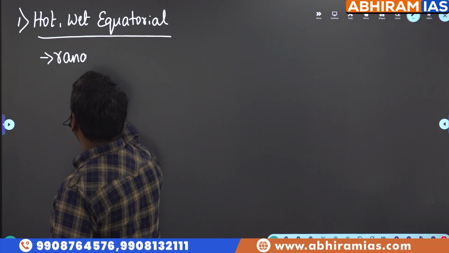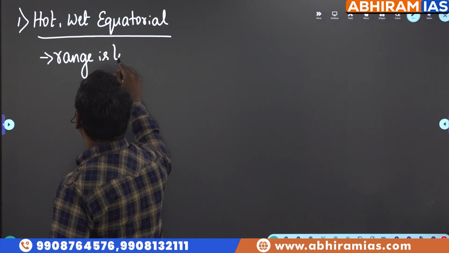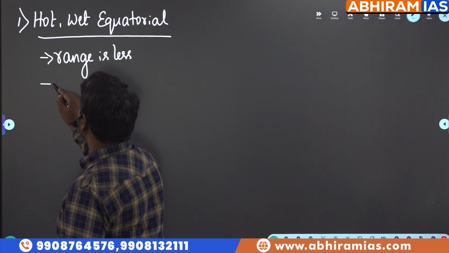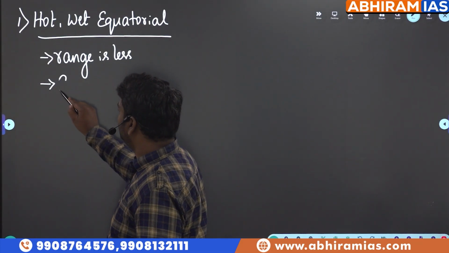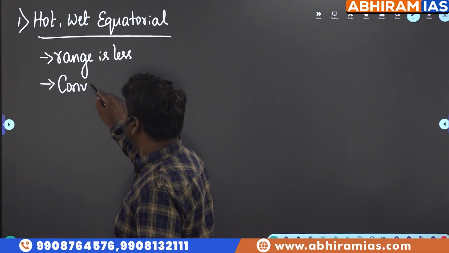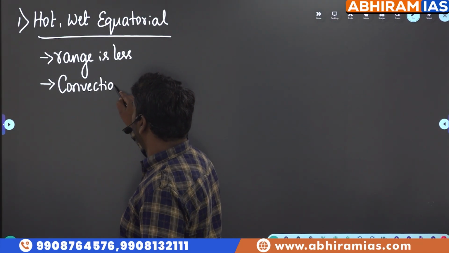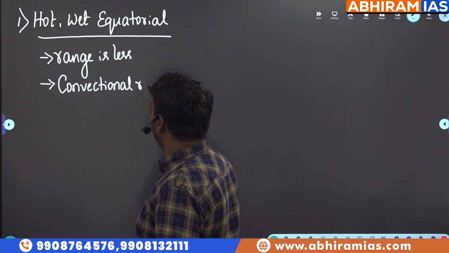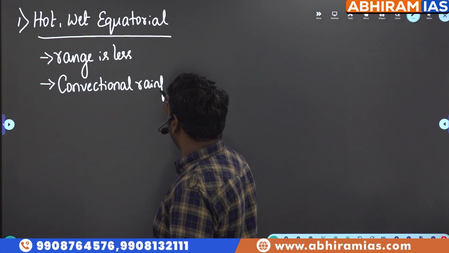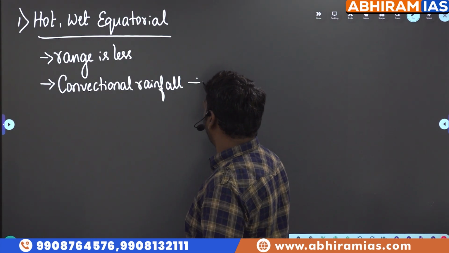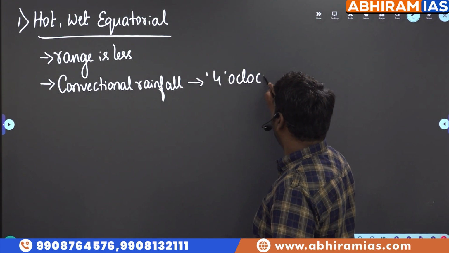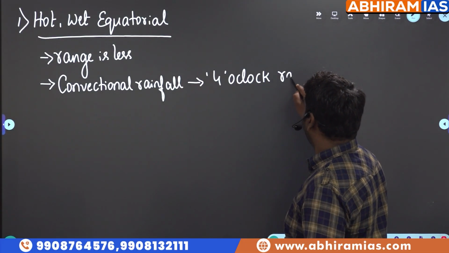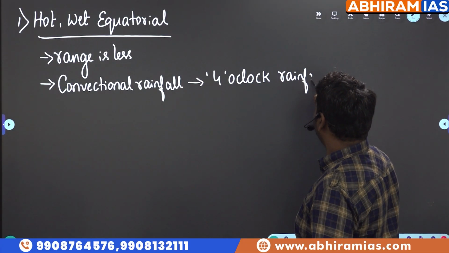Range is less and insolation is responsible, so we say there will be convectional rainfall. What is convectional rainfall given here? Four o'clock rainfall.